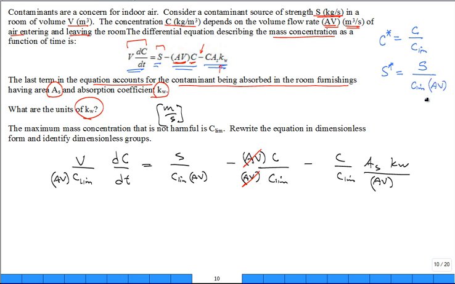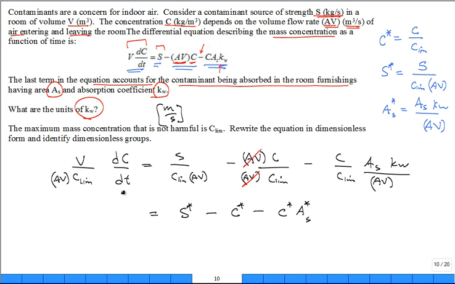Doesn't look all that exciting, but we've rewritten this term and this term. We can also see that this is C asterisk times another one, area asterisk, which is A divided by AV. Is A asterisk going to be dimensionless? Sure is. And so this will be A asterisk S.